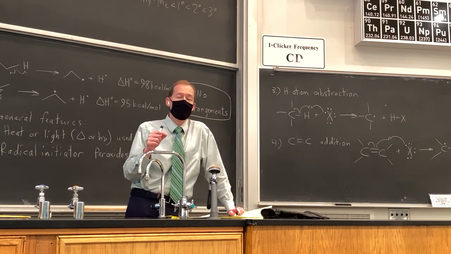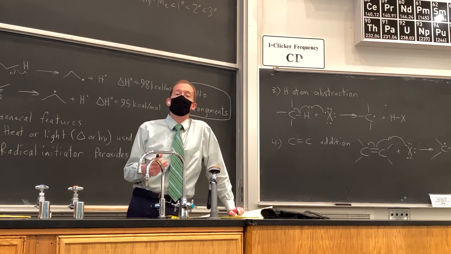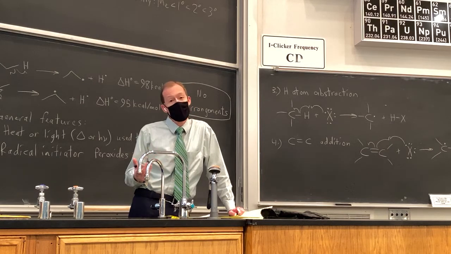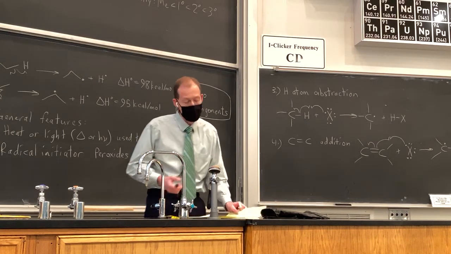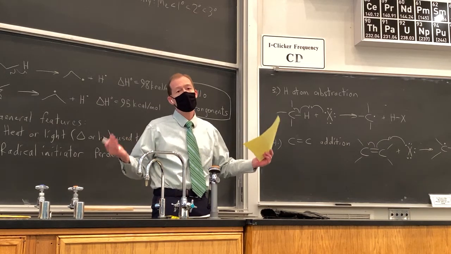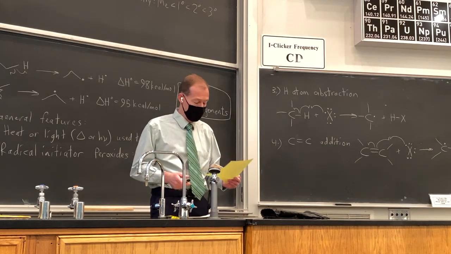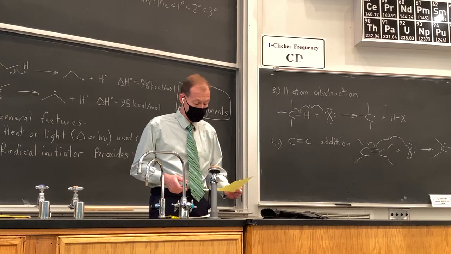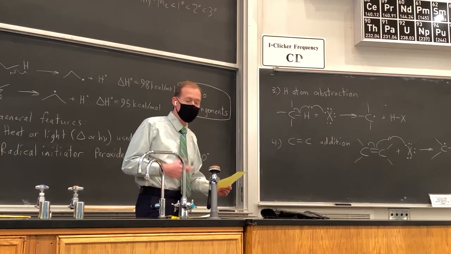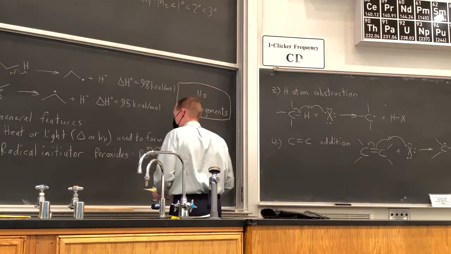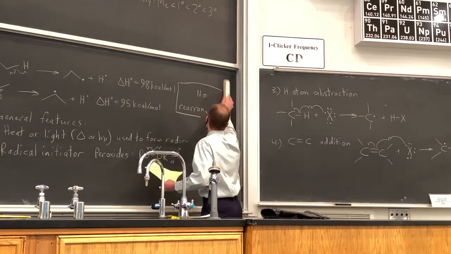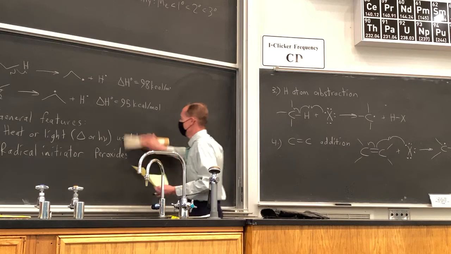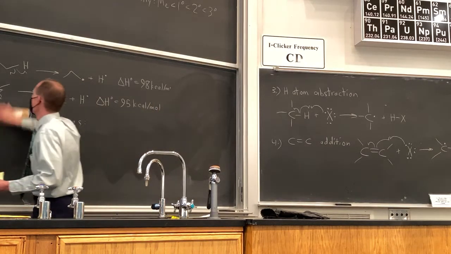They form, they react quickly, so you never have a very high concentration of radicals in a solution. So it's very unlikely for two radicals to collide with each other in a solution. Okay? It's unlikely, but it's not impossible. So it actually can happen. And we'll show you a couple examples.